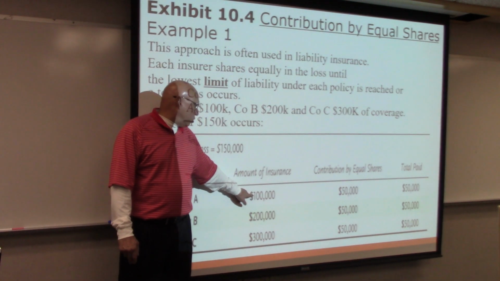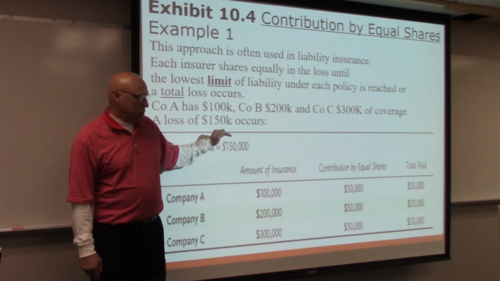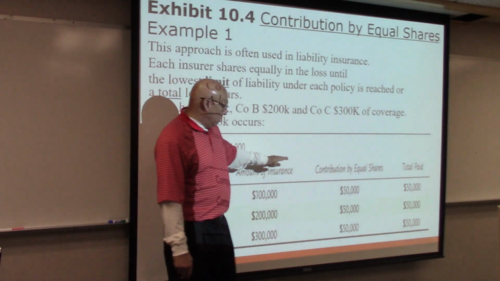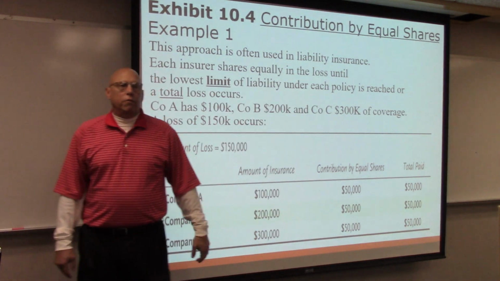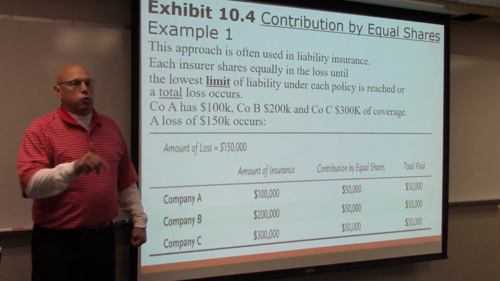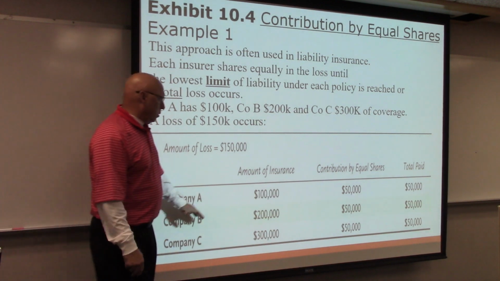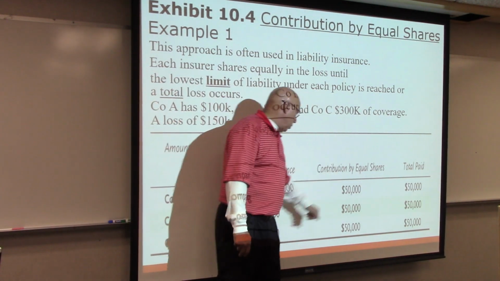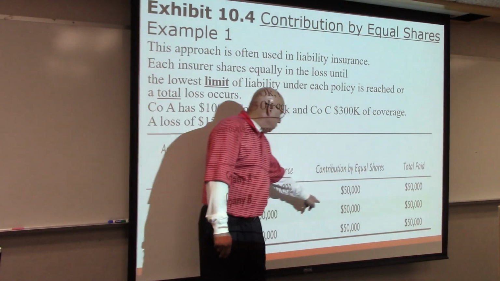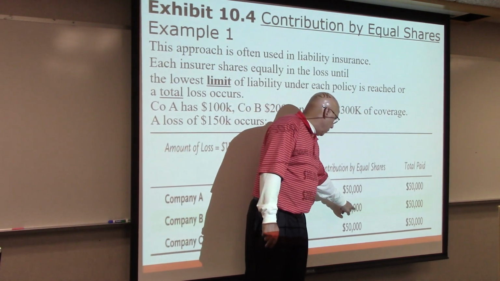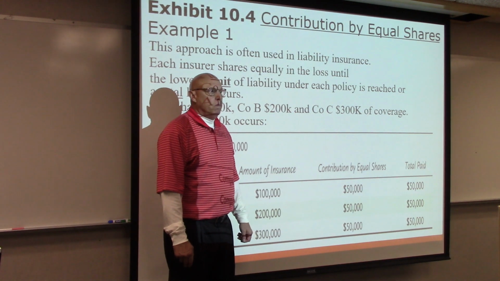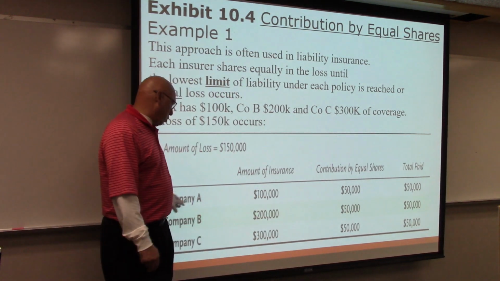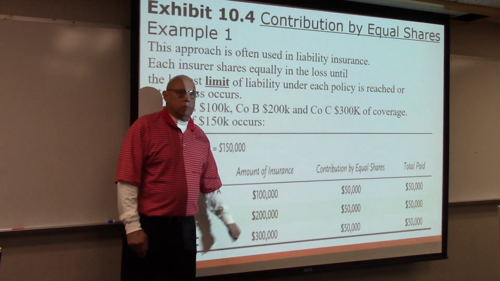So if the loss was 300,000, it would be 100, 100, 100. But if it was 400,000, it would be 100, 150, and 150. So no company ever goes above what their limit is.